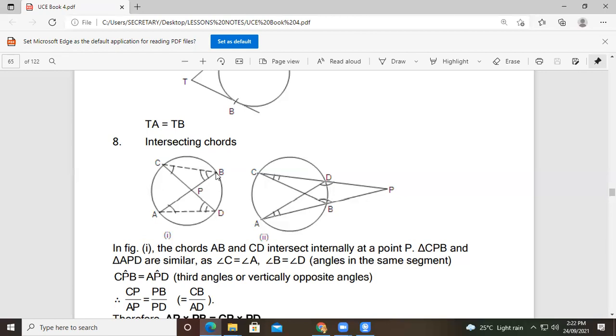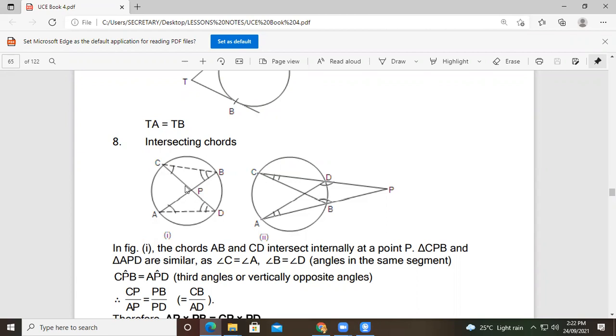What do they mean by triangles being similar? A triangle is similar to another triangle if they have equal angles. I repeat, triangles are similar to one another if they have the same and equal angles. What do they mean by this?